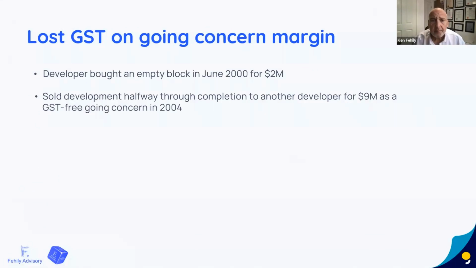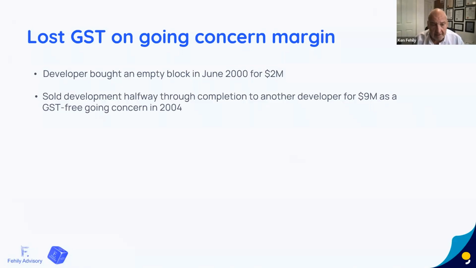Let's say a developer bought an empty block in June 2000 before GST came in. Look carefully when I write June 2000 versus July. June is before GST came in. So before GST started, this block of land was worth $2 million.